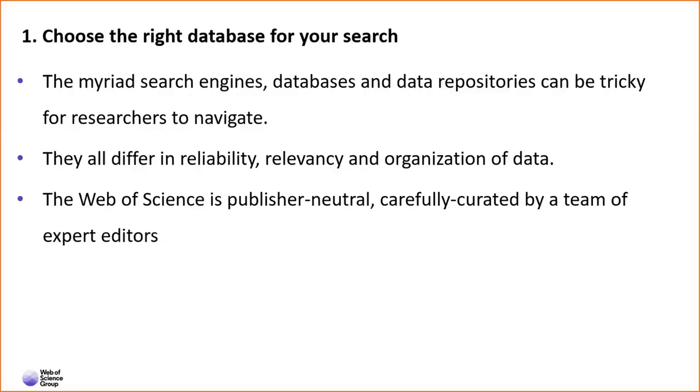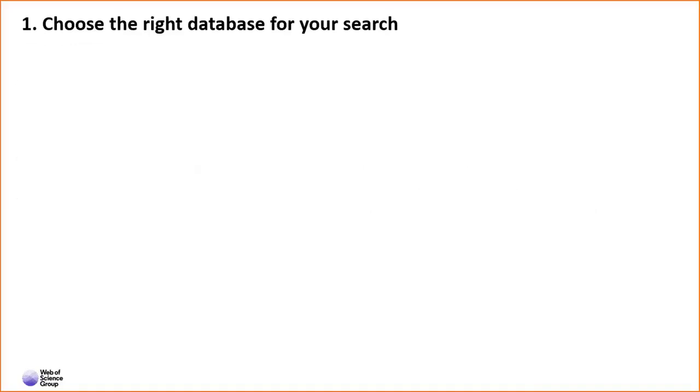We look at 28 points of evaluation, quality and impact. This is carefully curated by our team of expert editors who decide if this journal is indexed or not. So that's the key difference of Web of Science compared to other platforms.